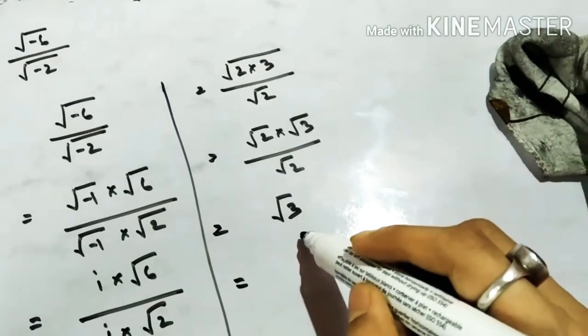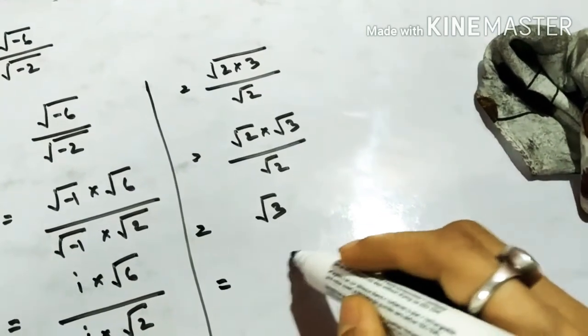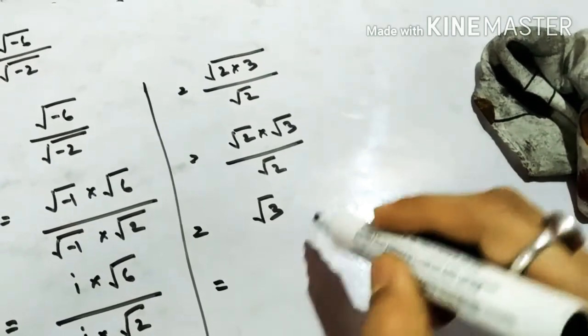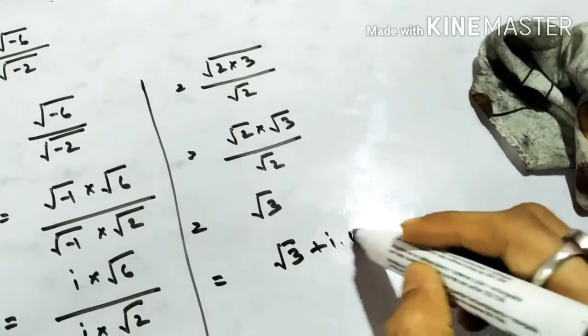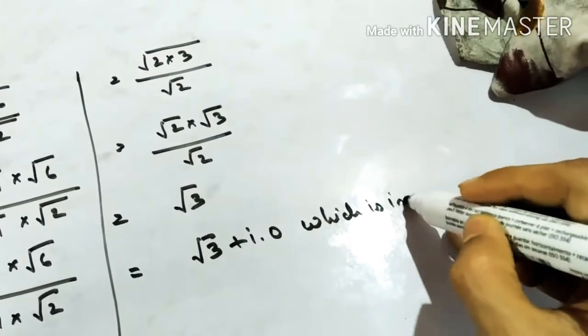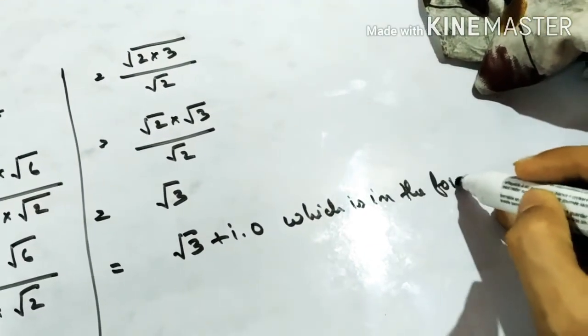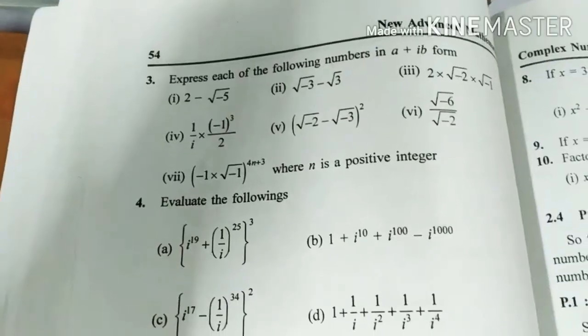So this I can write in the form of a plus ib. So root 3 plus i into 0, which is in the form a plus ib.